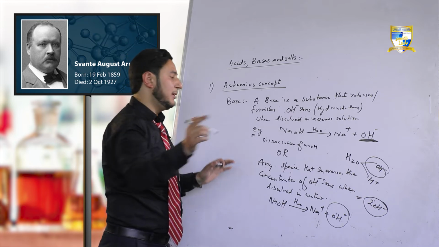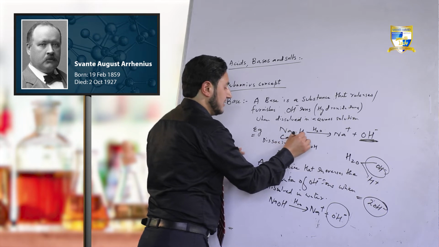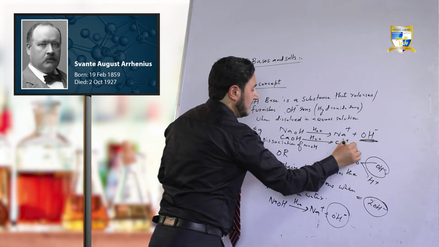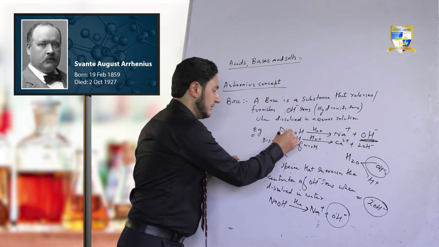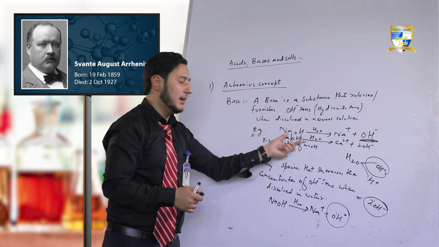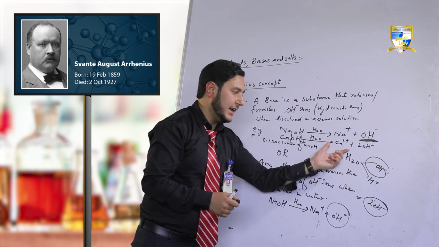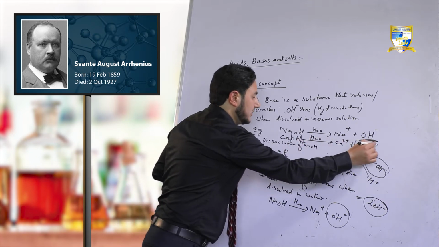to water. Let me give you another example, calcium hydroxide. Calcium hydroxide dissolved in water gives Ca2 positive and 2 OH negative. It releases 2 OH negative ions.